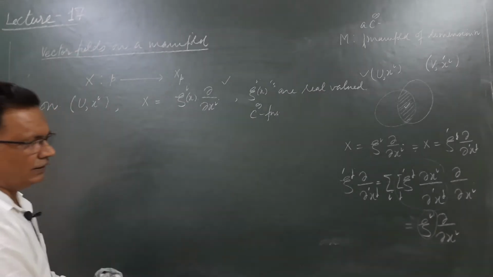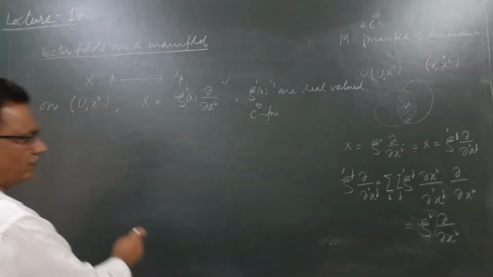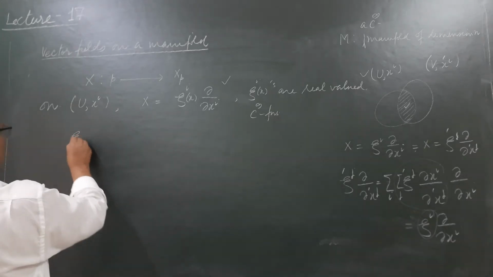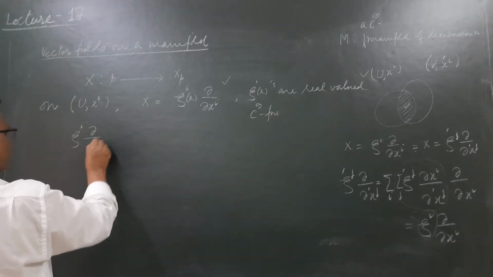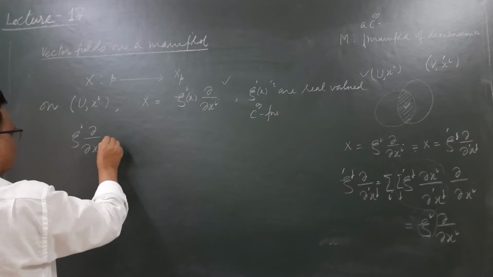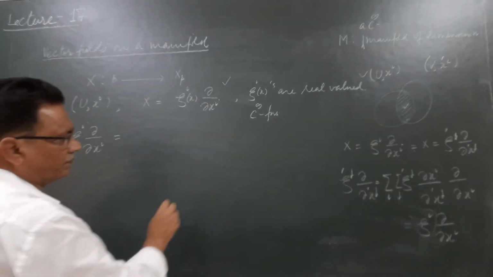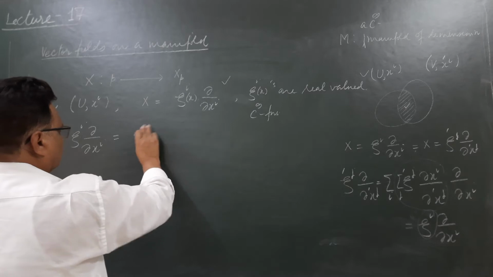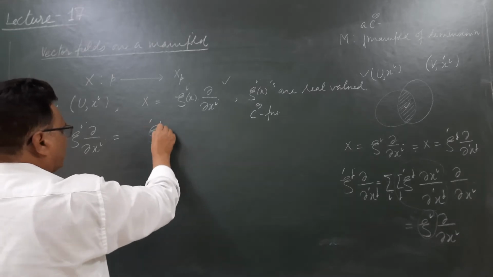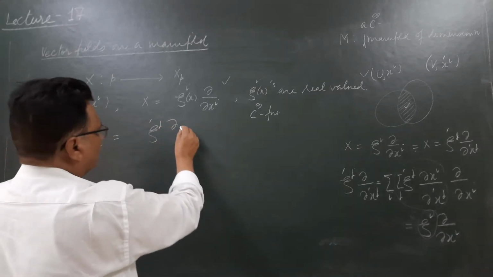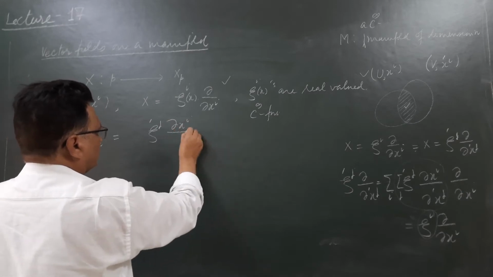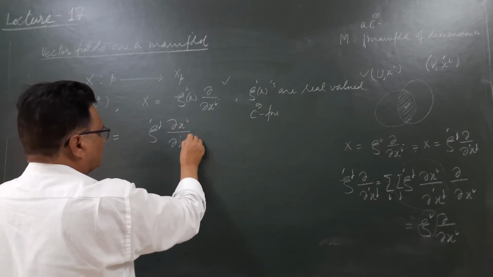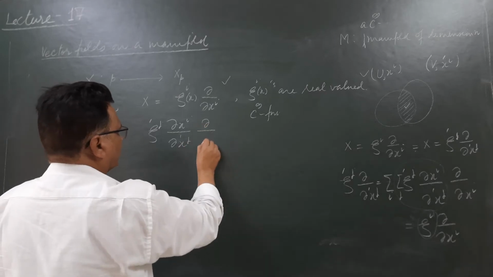So in the final step, what you have is that ξ^i ∂/∂x^i is equal to ξ'^j ∂x^i/∂x'^j into ∂/∂x^i.